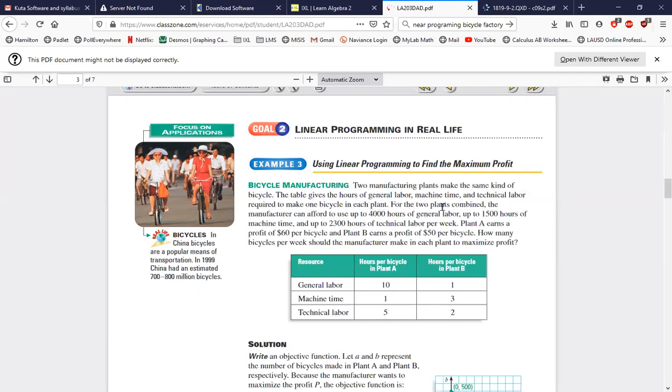For the two plants combined, the manufacturer can afford up to 4,000 hours of general labor, up to 1,500 hours of machine time, and up to 2,300 hours of technical labor per week. Plant A earns a profit of $60 per bicycle. Plant B earns a profit of $50 per bicycle. How many bicycles per week should the manufacturer make in each plant to maximize his profit?